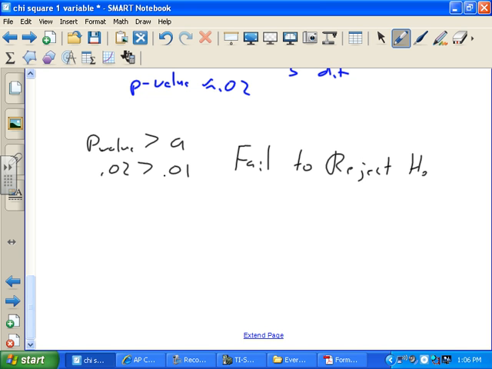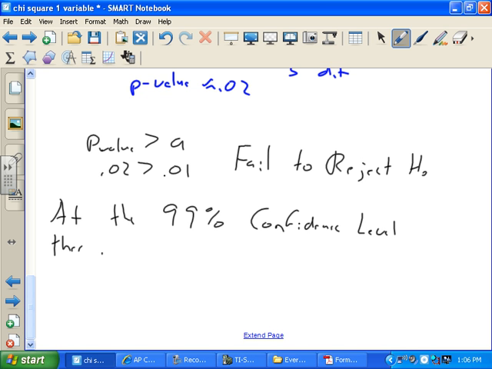And we will say at the 99% confidence level, there is not sufficient evidence to say at least one of the proportions is incorrect.